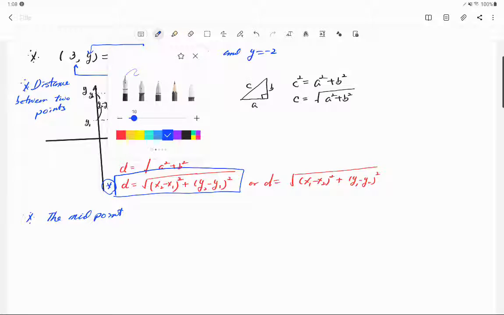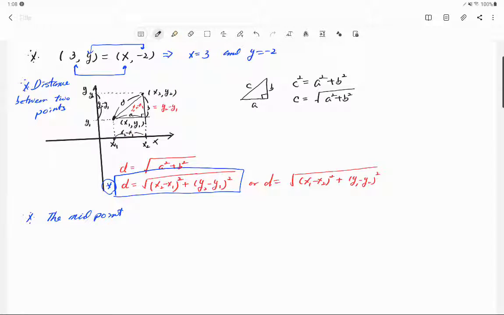First let's try this one. Let me draw the x-axis and y-axis again. We're going to do the same thing. Here is point x1, y1. And here's a point x2, y2. The midpoint is always in the middle between 2 points.